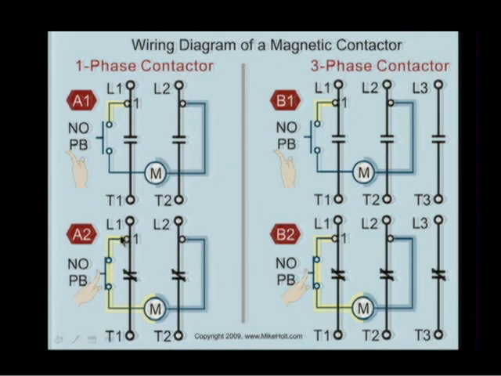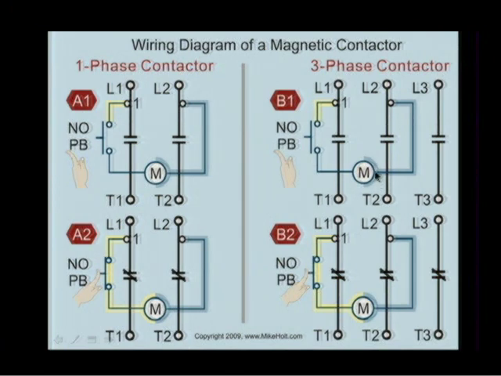If I press the button, then line 1 power goes over to the other side of the coil, and line 2 is at that coil. That coil is energized, and if you energize the M coil, we probably should mark these contacts as M contacts. It would then close those M contacts related to that M coil, and then you have line 1 to T1, line 2 to T2.